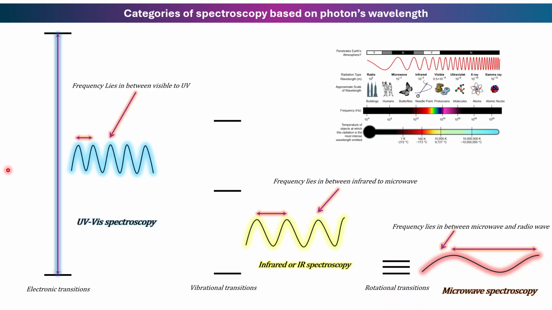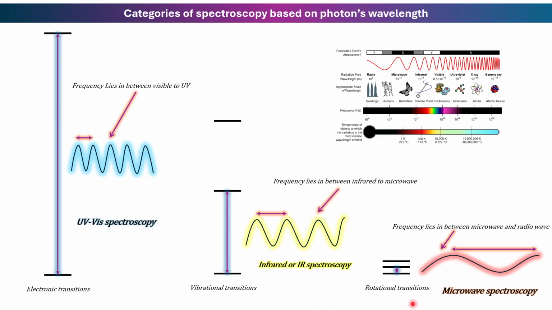You can merge these two, called vibronic spectroscopy: electronic plus vibration is vibronic. If you merge all three, it is rovibronic spectroscopy. That is a deeper topic, I will explain it again.